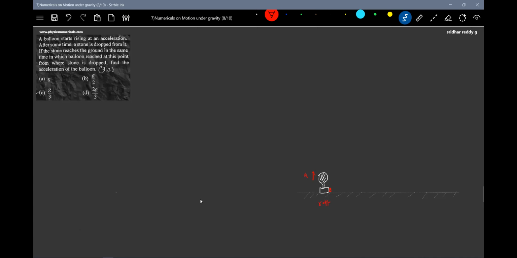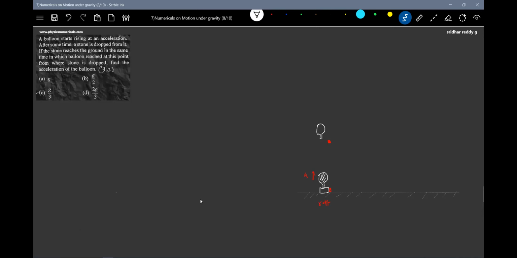After some time, the stone is dropped from it. So when the same balloon arrives here, somewhere at a height from the ground, a stone which is there, let's assume, is dropped from it. Dropped from it means, will it be released from rest?